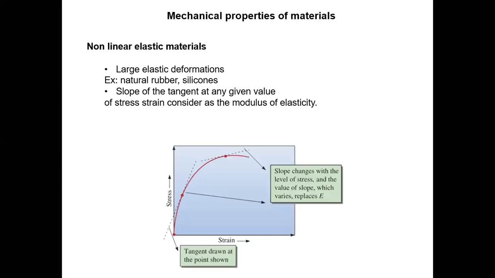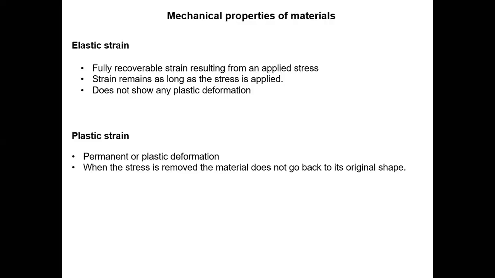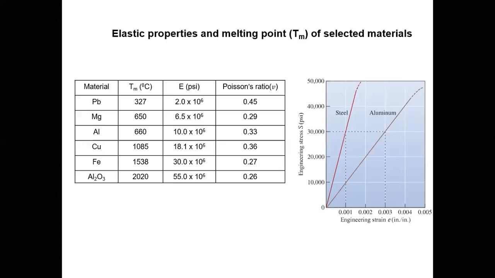So far we talked about linear elastic materials. But there are materials we call non-linear elastic materials, which means the elastic materials we earlier discussed have a linear relationship between stress and strain. For example, like this, right?